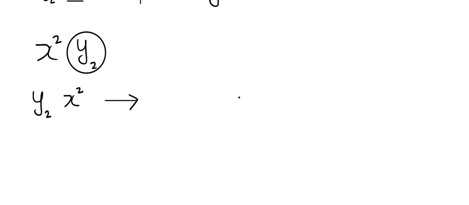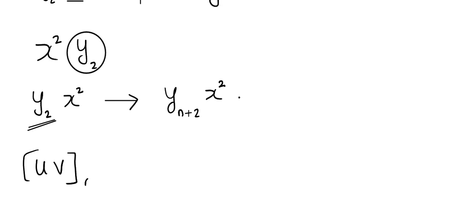Okay, now let's start. It's very easy. Write the nth derivative of the first function, that is yn plus 2. I told you why it becomes yn plus 2. And you write the second function as such. I hope you remember the rule, u into v differentiated n times gives un into v.